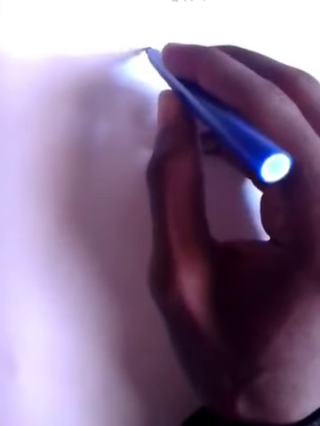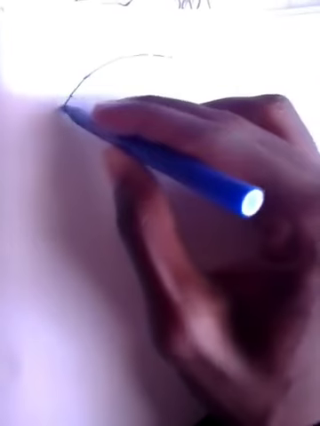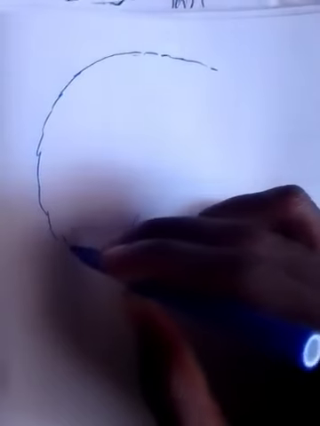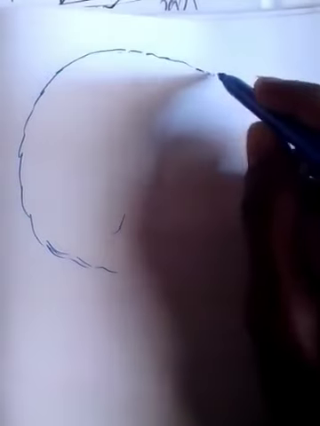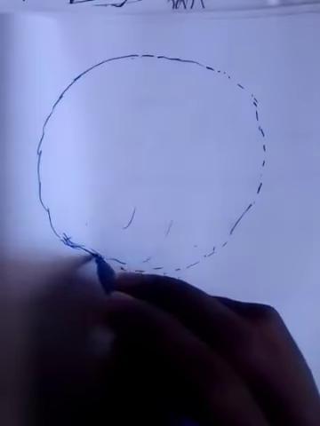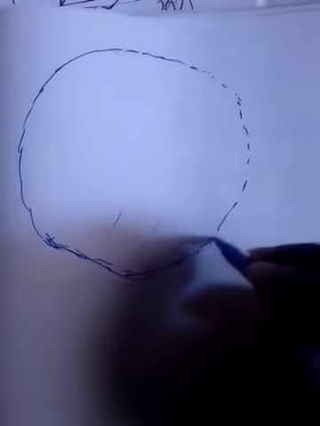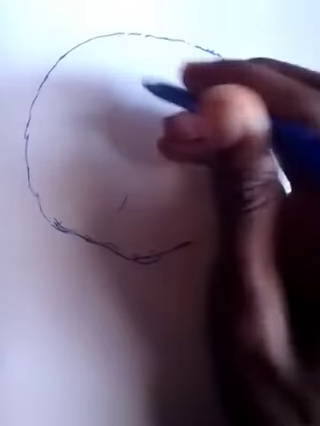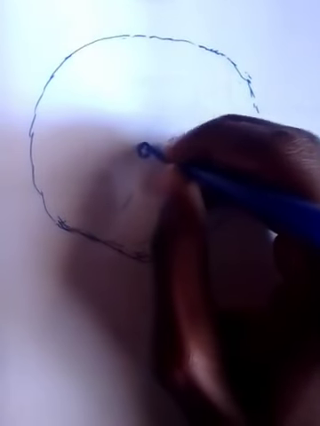First of all, you need to understand that an atom is represented by a circular shape like this. I know it's not going to be perfect because I'm using my free hand, but let me try my best to draw a very sensible circle. So an atom has got a nucleus, right?